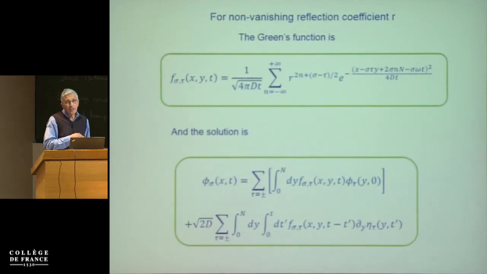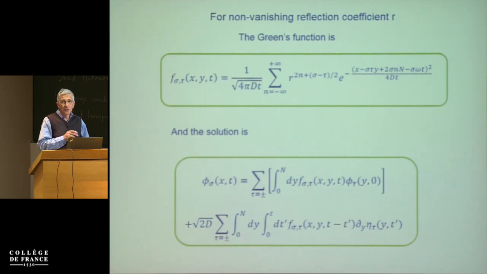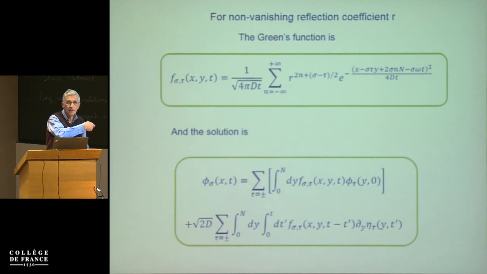Now, in the case of non-zero reflection, you have to take the reflection into account. The Green's function, when it reaches the boundary, is reflected as a Gaussian peak with a reflection coefficient r. So each time, if phi plus hits the boundary, it's reflected as phi minus at the boundary, but with amplitude reduced by a factor of r.